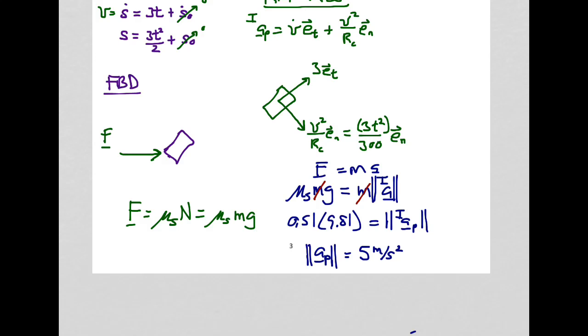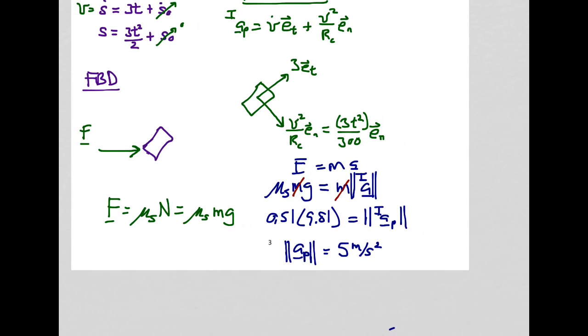And what's convenient about that is that we can go back into our kinematics here and know that that's going to be the magnitude of this resultant acceleration. So there's our inertial acceleration of point P, and that absolute value of the inertial acceleration is equal to 5 meters per second squared.